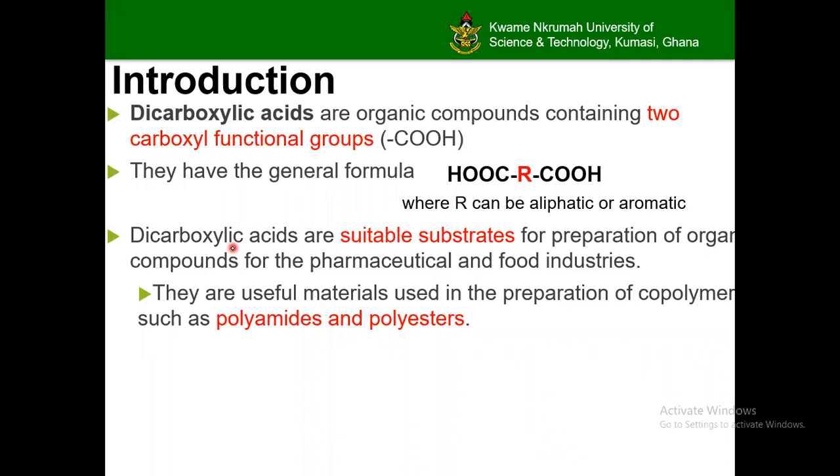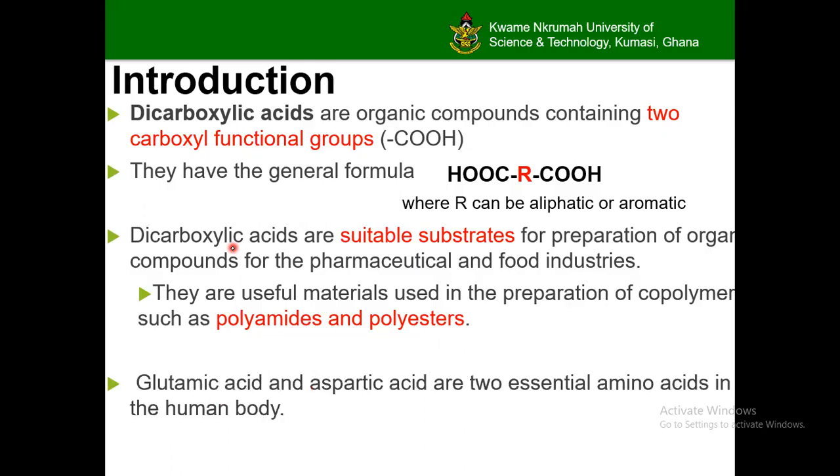When we are making copolymers, we need dicarboxylic acids, such as for polyimides and polyesters. Now we have dicarboxylic acids that occur in nature. Examples of them are glutamic acid and aspartic acid. So, two essential dicarboxylic acids that occur in nature.